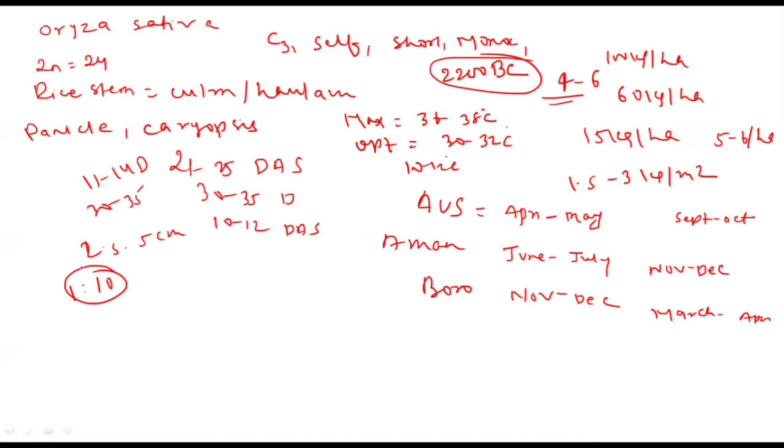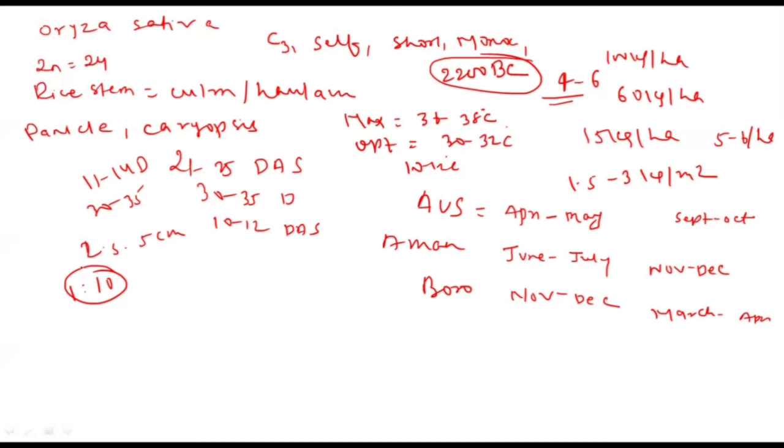In India, its average yield is near about 3.5 ton, but in Punjab this yield is higher. Milling percentage in rice is 60%. Okay, when you talk about moisture content, during harvesting time moisture level must be 20-25%, while at storage it should be 12 to 14%.